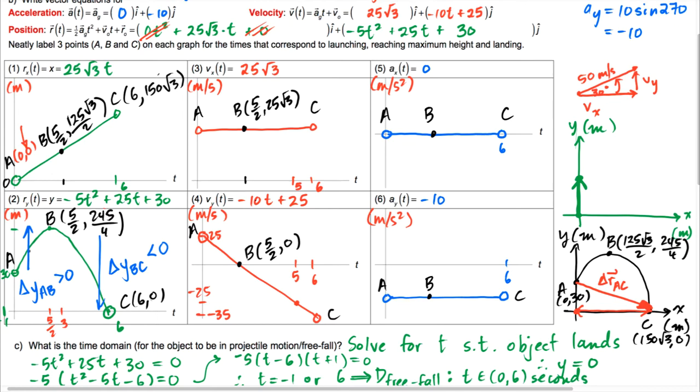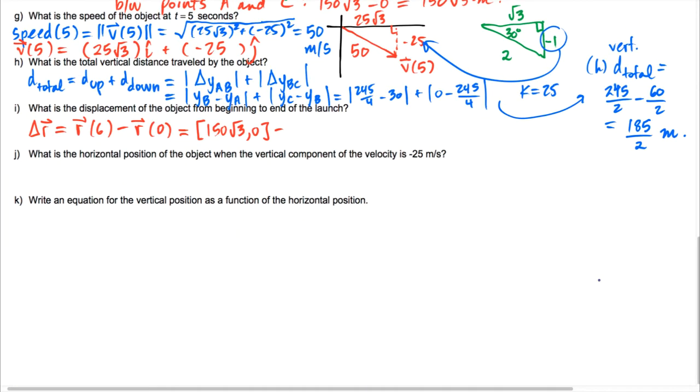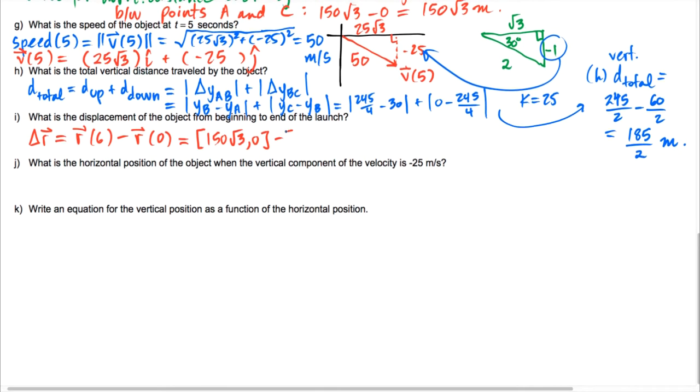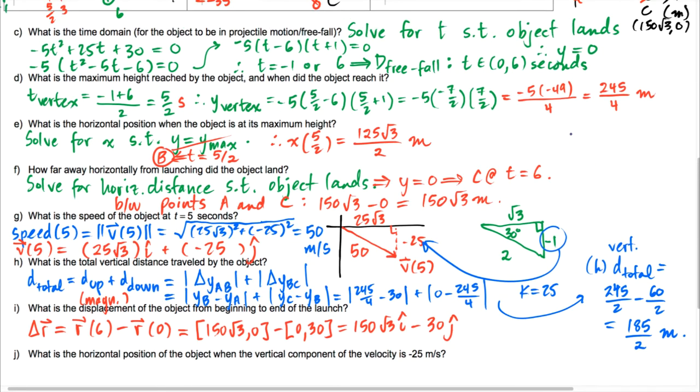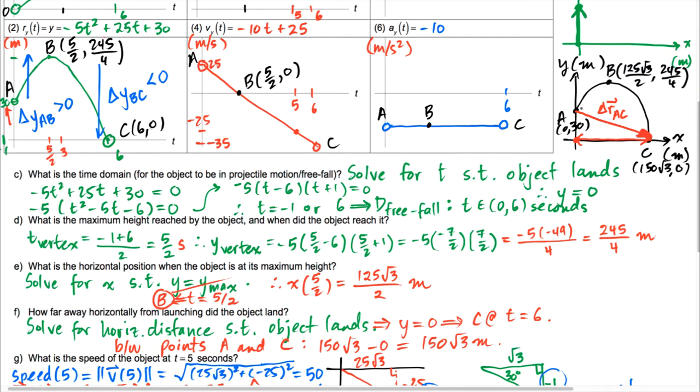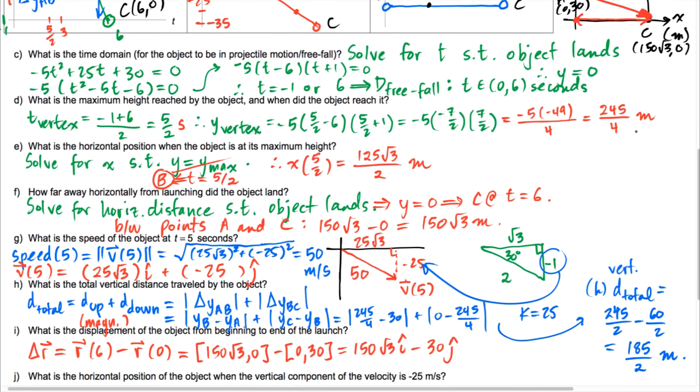It's going to be 0 for my x and 30 for my y, same as these values over here. So I have 0 comma 30, and I'm going to end up with the displacement vector of 150 root 3 i hats minus 30 j hats. Now, of course, if the question did say to come up with the magnitude of displacement, you could find the magnitude of this vector, which would be the length of the vector up here, by using Pythagorean theorem.